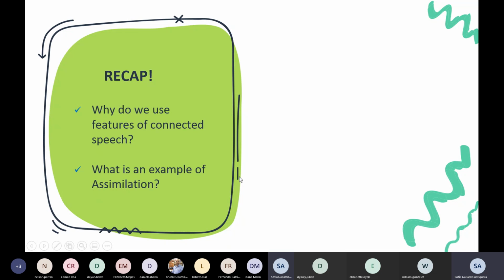Now, who can give me the last example of assimilation? Iron Man. Yes. What changes? Yes, the N to the M. Yes. Well done. Thank you. Another example?